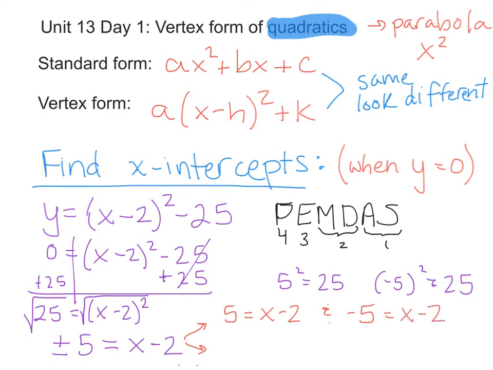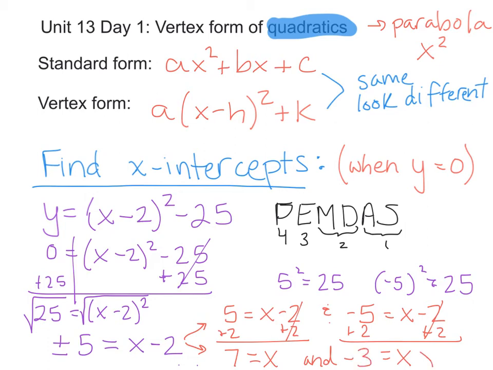For both of these, the last step is going to be the same. We're going to add 2. It's just that they give us different answers. Over here we get 7 equals x, and over here we get x equals negative 3. Those are our two solutions.